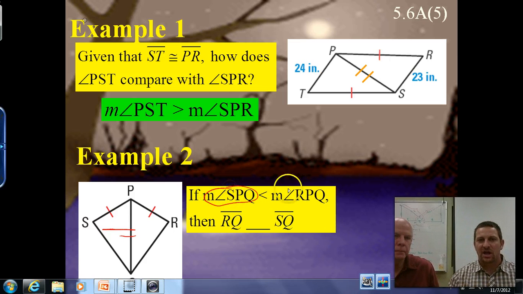So I have the measurement of SPQ is less than the measurement of RPQ. So SPQ is less, so I'm going to put one little arc there. And then RPQ is going to be a little bit bigger, so I'm going to put 2 marks here to symbolize that that angle was larger. So now it's just a comparison of 2 and 1, so now I just shoot across to the opposite side.